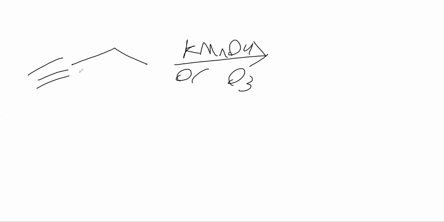But in terms of cleavage, again, both of these conditions will cleave it the same way. So we're cleaving this bond here. One thing that's going to form is the carboxylic acid with the free carbons, and then on the left side, this carbon with the hydrogen.